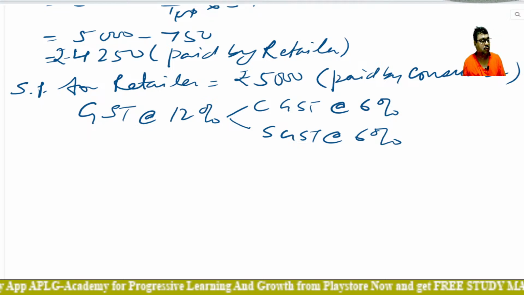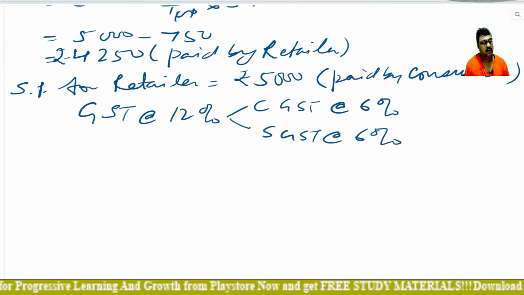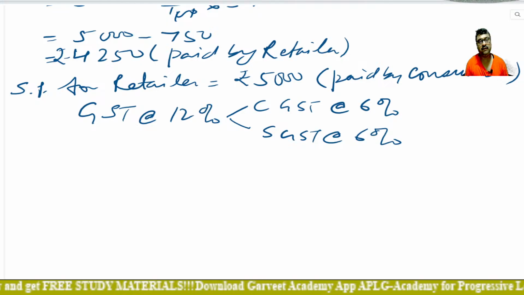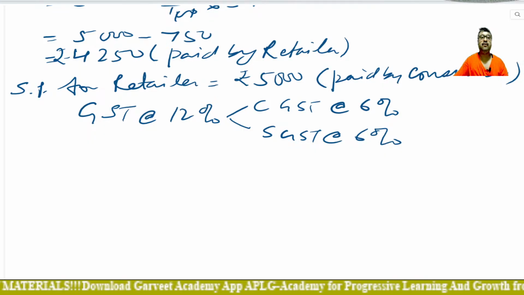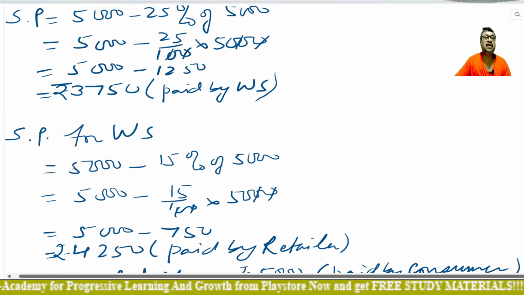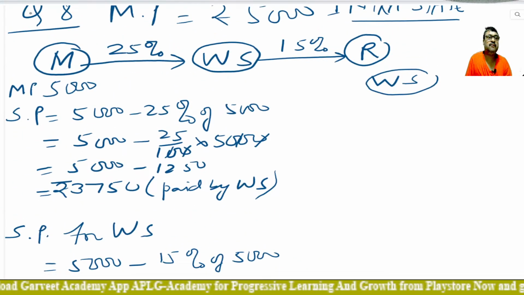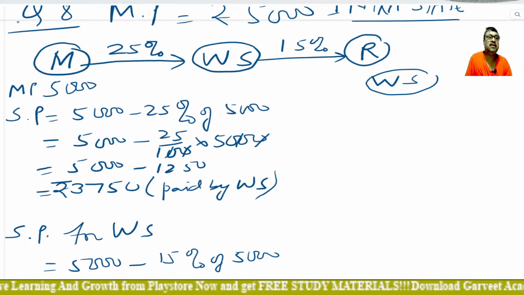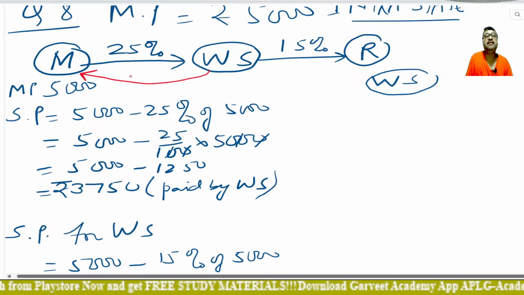The amount inclusive of tax under GST which the wholesaler pays for the article. Amount inclusive of tax means GST is included. So let's go up. The wholesaler is paying to whom? The wholesaler is paying the manufacturer, right?